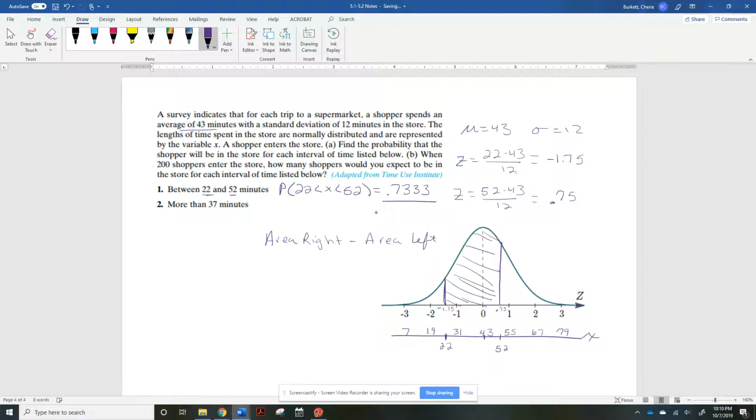So you would look up 0.75, look up negative 1.75, subtract those two areas, and it should equal something very, very close to 0.7333.